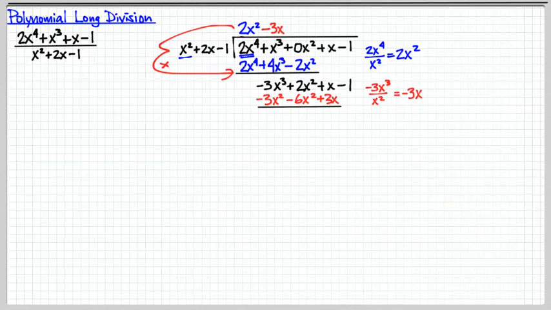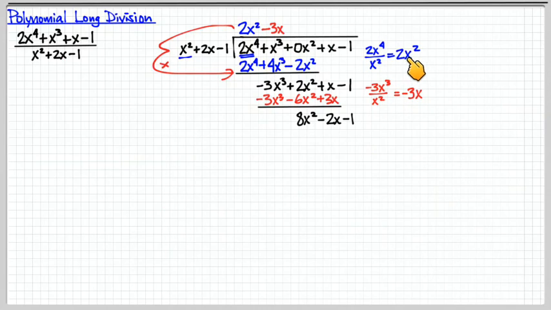Then I do the same thing. I take negative 3x, multiply it by this whole polynomial, and I get these three terms: negative 3x times x squared, negative 3x times 2x, negative 3x times negative 1. Again, I subtract. And conveniently, the highest term always disappears.